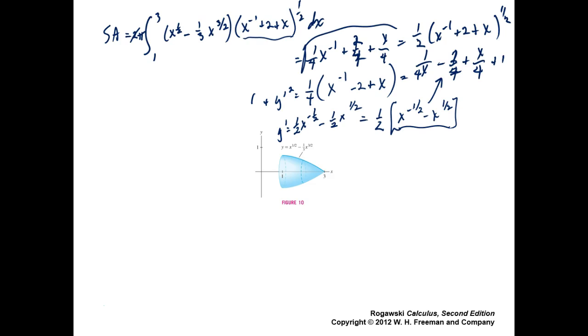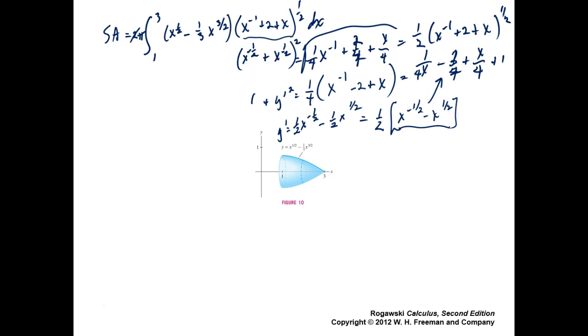So this might be indicative that this might be a perfect square trinomial. A weird looking one, but still, if that was x to the minus 1/2 plus x to the 1/2, let's square it.